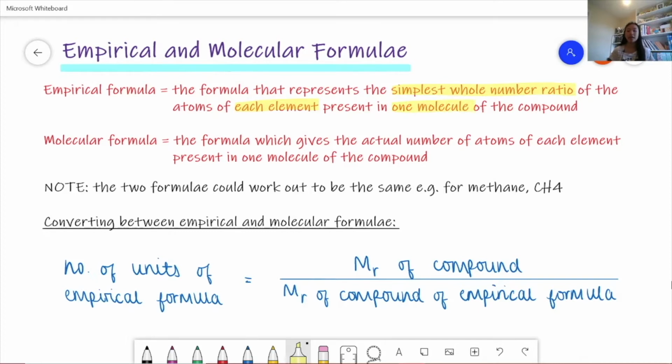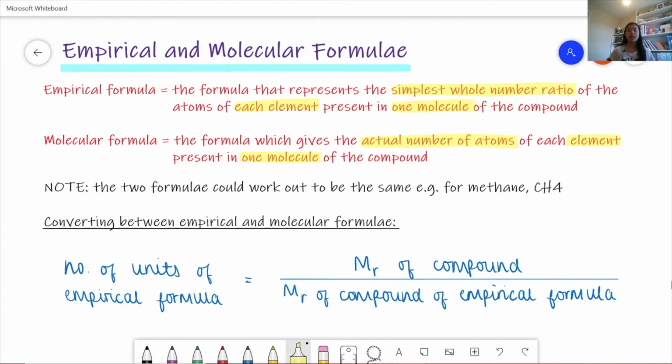However, the molecular formula is the formula which gives the actual number of atoms of each element present in one molecule of the compound. And one really important note is that these two formulae could actually work out to be the same. So for example, if we look at methane, which has the formula CH4, this is also the simplest whole number ratio. So its empirical and molecular formulae are actually both the same.